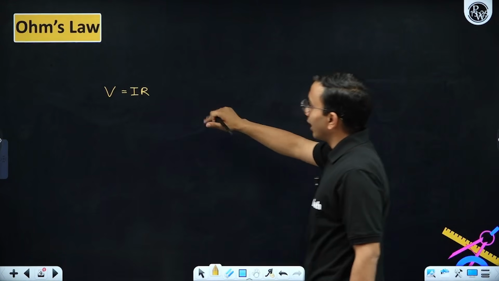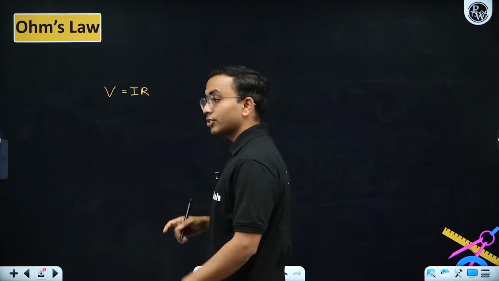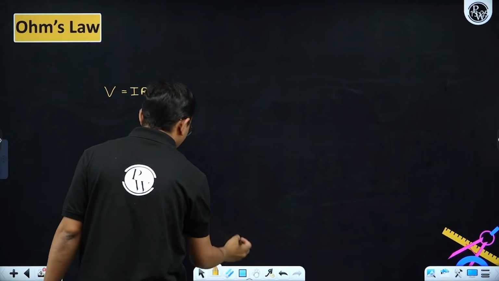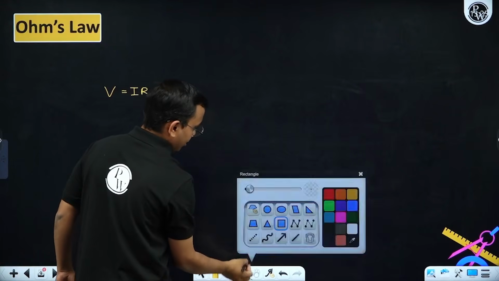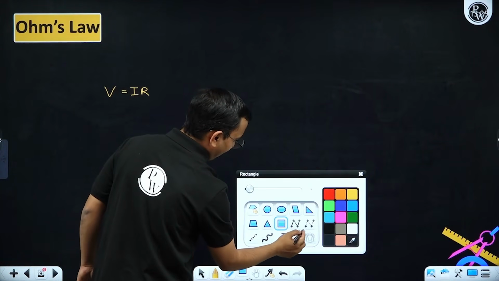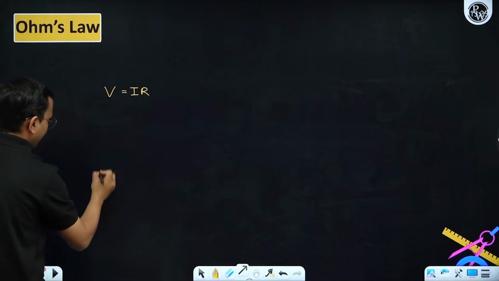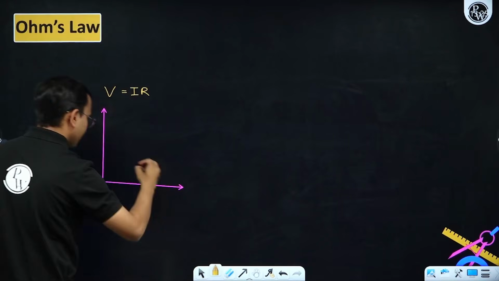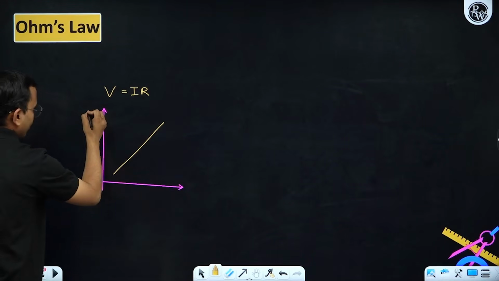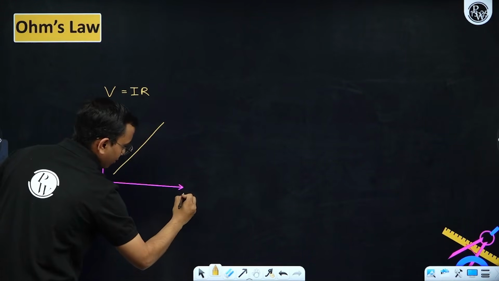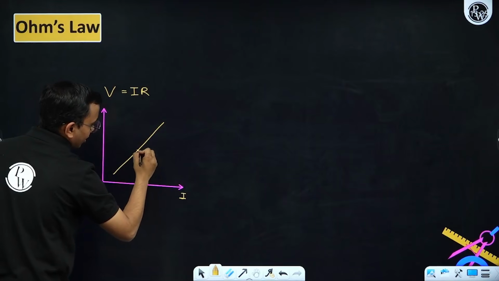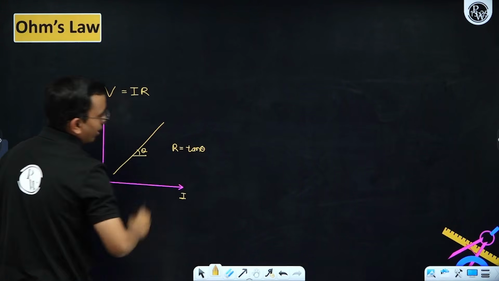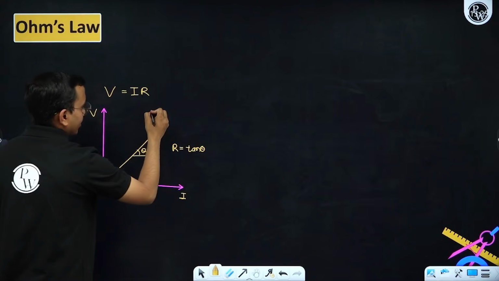We consider that the resistance is constant, so the slope is constant, and if we plot it, it goes like this, and the slope, theta, so I'll say R is basically tan theta, V by I, and this is for ohmic devices.